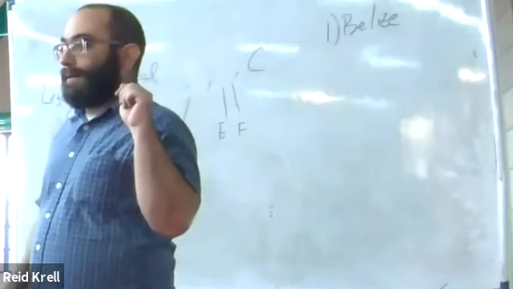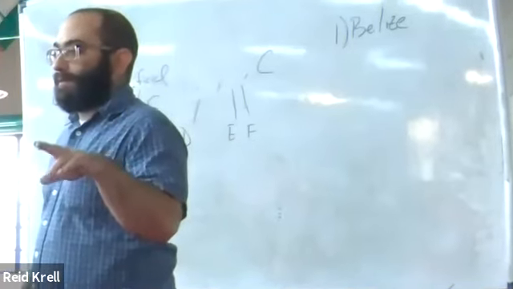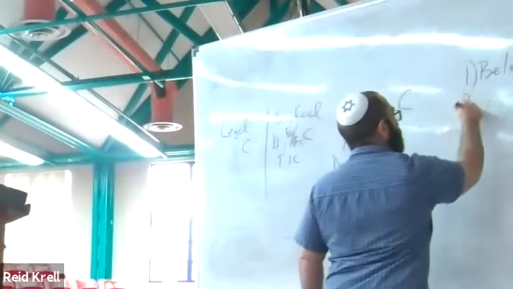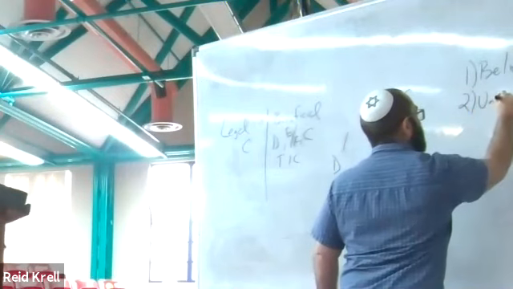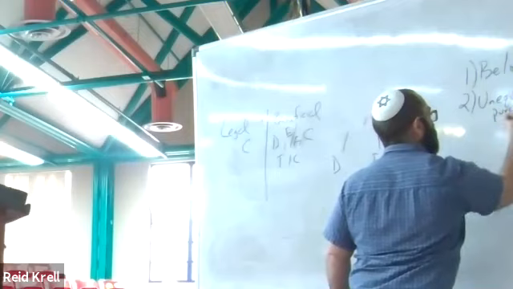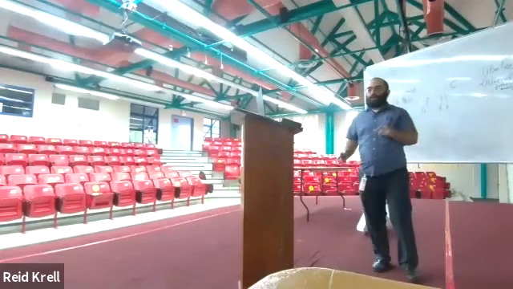The second case is an unequal purchase money. What does this mean?